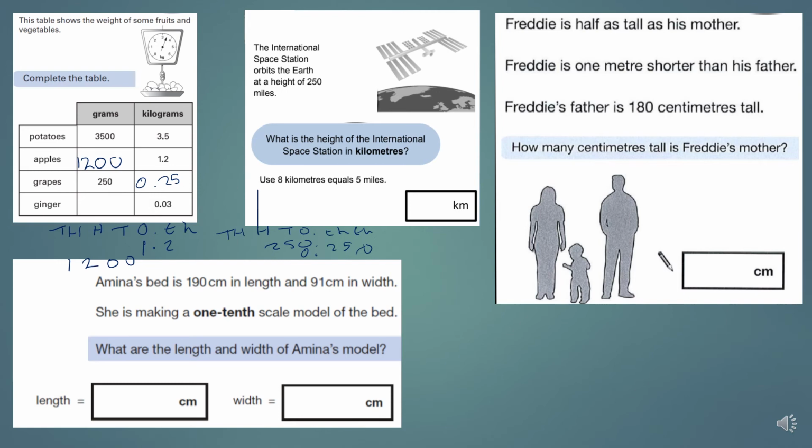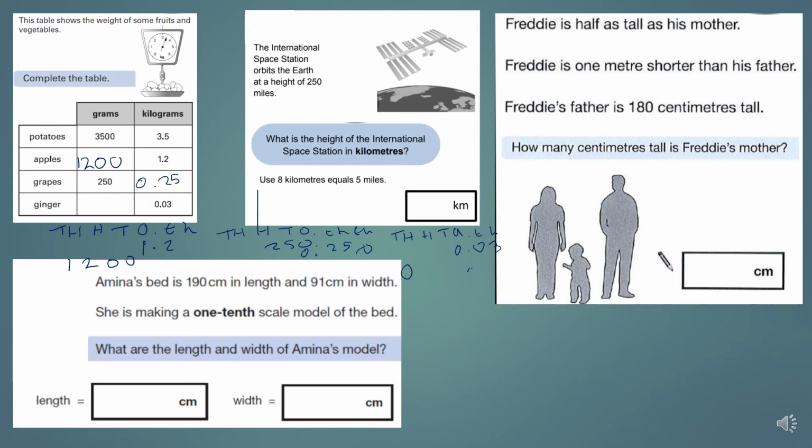Then we've got our 0.03. So we do the same again. Thousandths, hundredths, tens, units, tenths, hundredths. Okay. So we pop in our 0.03, and we move everything to the left 3 times because this time we're timesing.